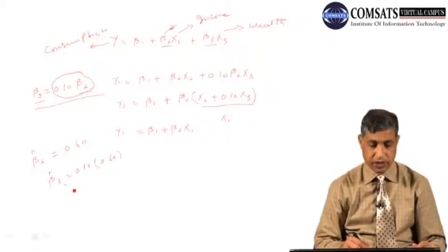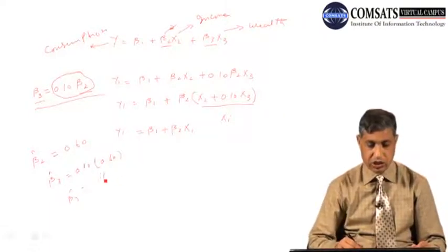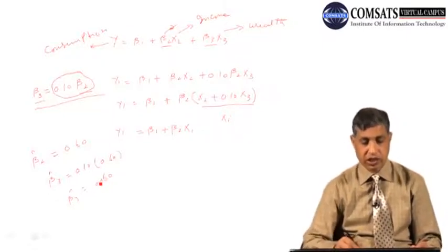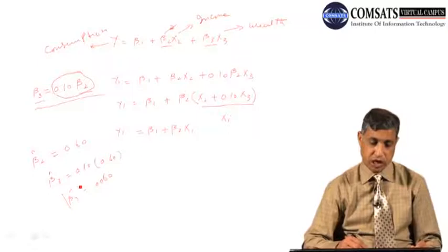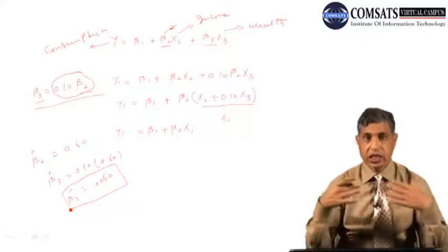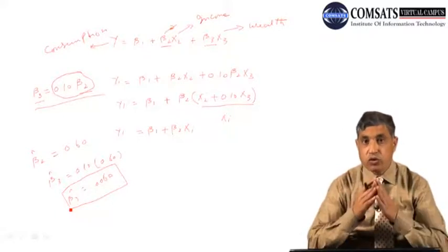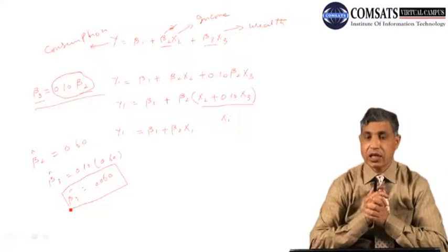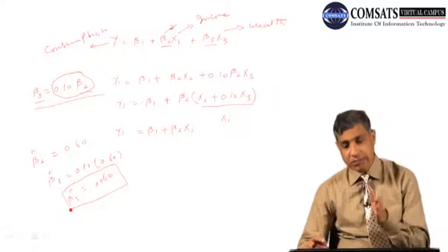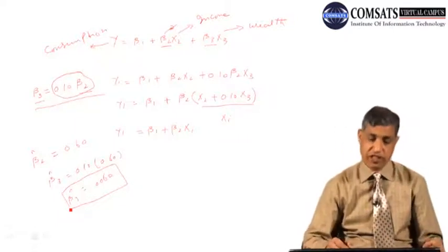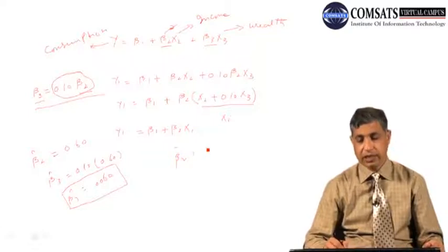So beta 3 hat will become 0.10 times 0.6, which is 0.06. So this is the value of beta 3. In this way, when we are estimating this, we omitted one of the variables, x3. We did not calculate beta 3 separately, but on the basis of this, we calculated first beta 2 hat and then beta 3 hat.